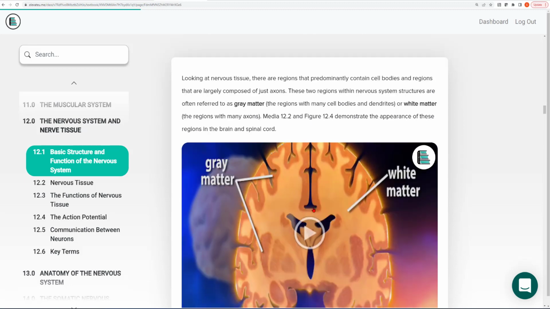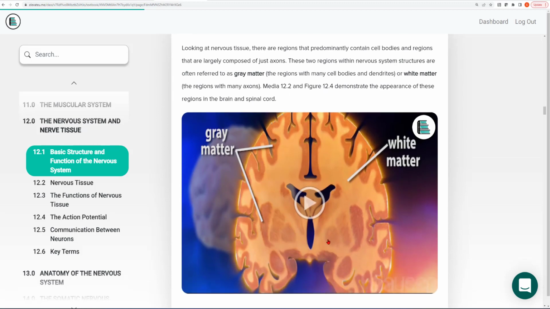So as we look at this slice through the brain, you can see that it's labeling white matter, and there's a video for you to watch here as well. White matter is lighter in color, and this would be primarily axons. Then around the outside edge of the brain, what's called the cortex, you see this darker color.